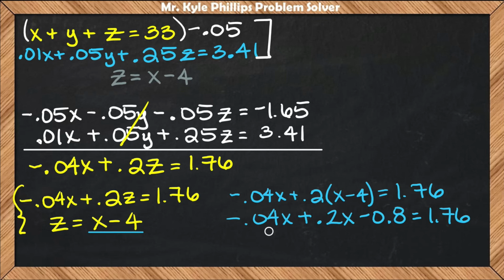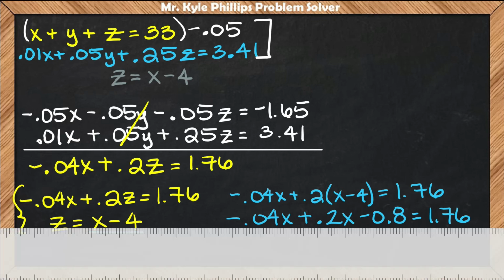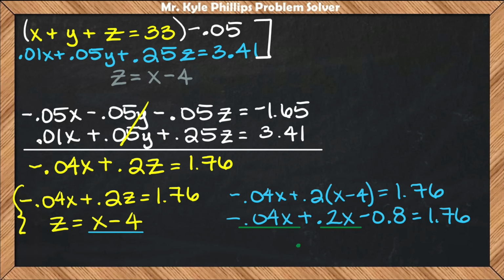Now, while this does look strange, it's essentially just a two-step equation with decimals. So I'm just going to combine my like terms here. So my x's, we're just going to combine these. So I'm going to say negative 0.04 plus 0.2, and that's going to give me 0.16. And then I'm going to take this negative 0.8 and add it to the 1.76.